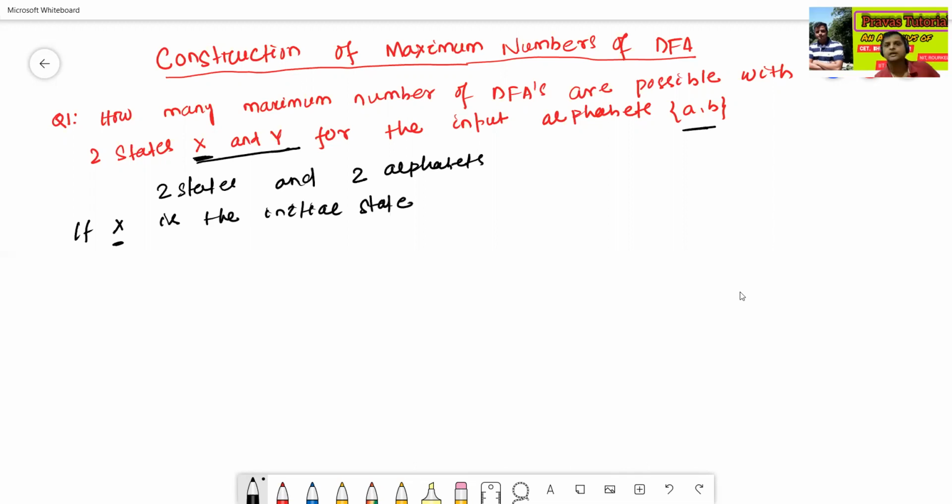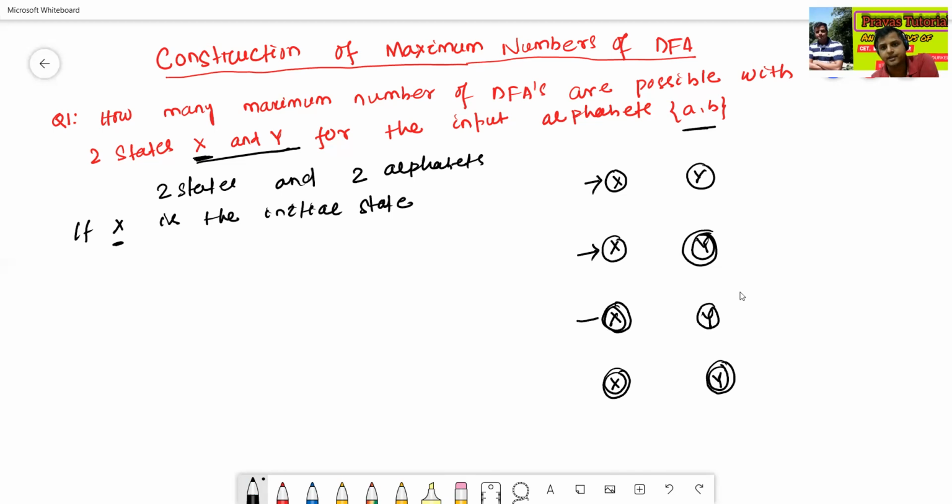Here this is X, this is Y. Y as final, if X is final, Y is non-final, or if both are final, X as well as Y. In all cases, X is the initial state.